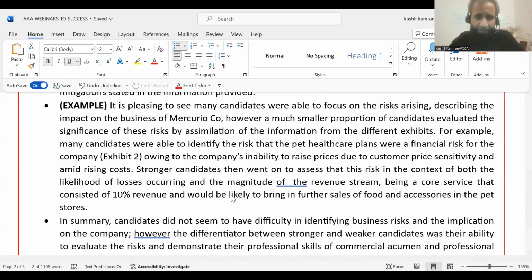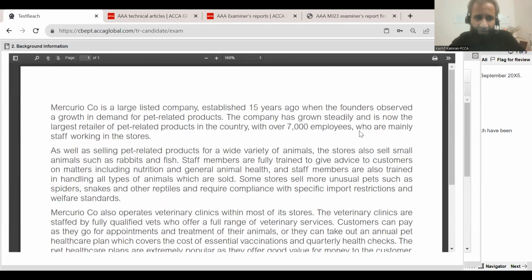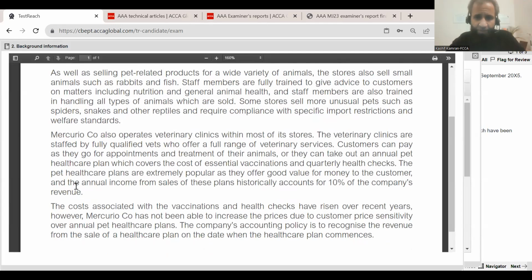Just let me show you that, to be on the safe side. If you go to the background information, go to paragraph number 3. It tells us Mercurio company operates veterinary clinics within most of its stores. So they're running those animal clinics in most of the stores. These clinics are staffed by fully qualified vets, which is good, and who offer a full range of services.